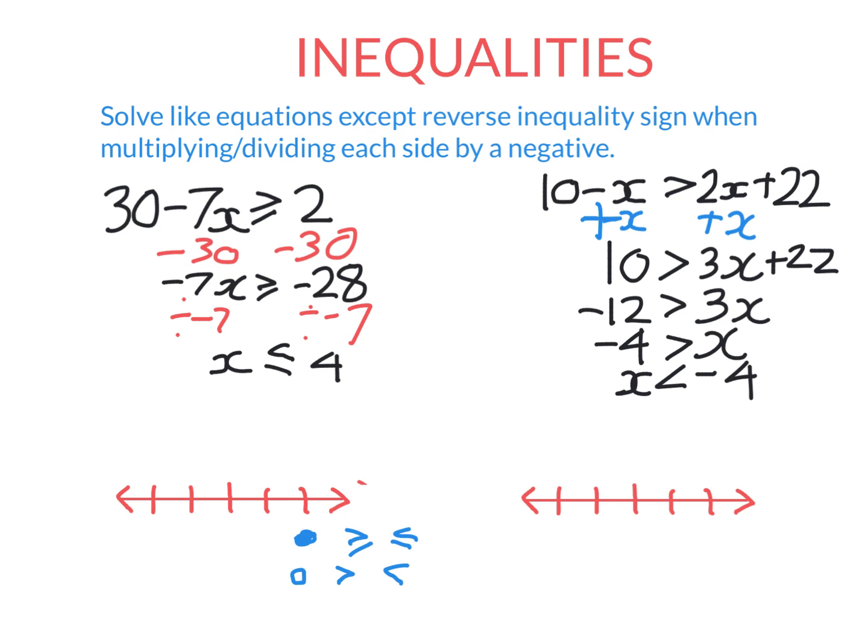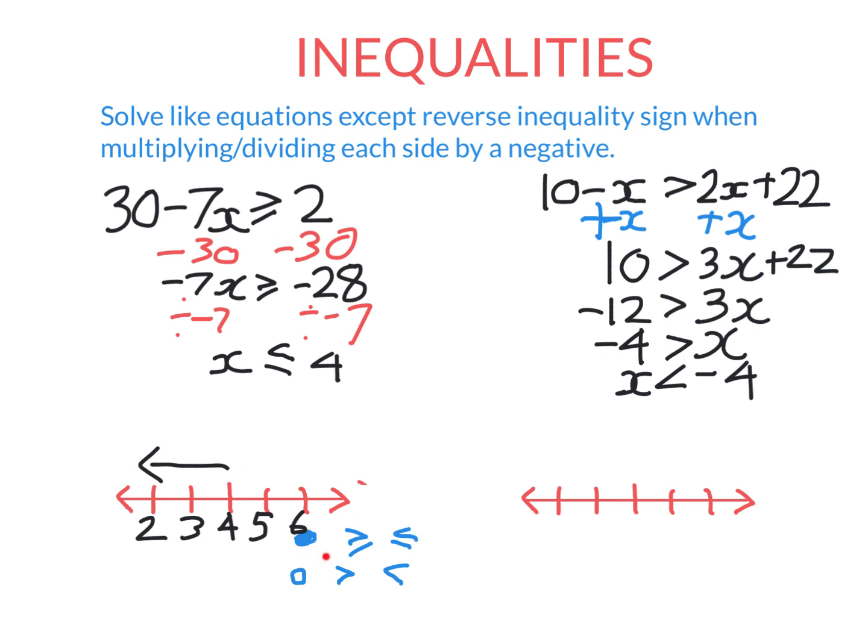So how do we draw that? Well, for x equals negative 4, we'll just put negative 4 in the center of the number line. Of course, numbers get larger as you go to the right. So for x is less than or equal to negative 4, I want all the values less than negative 4, so I'm going to draw a line going this way. Anything less than negative 4 here is a solution.